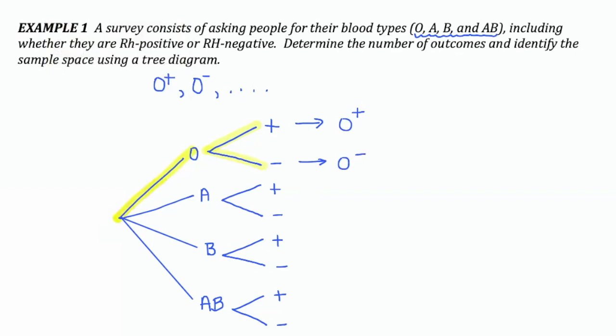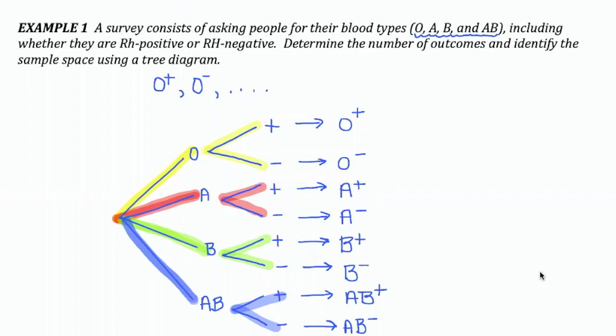And you continue this process until you have followed every possible path from the start to an end branch. So I finished that process and generated all the possible outcomes.